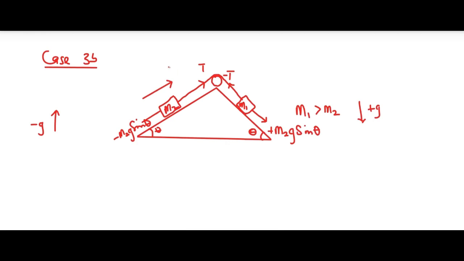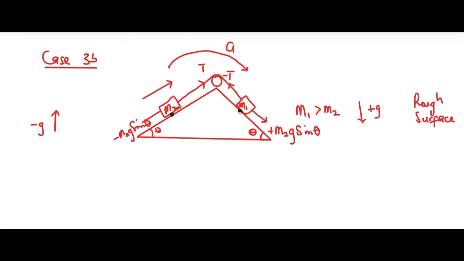So what happens to acceleration? The body accelerates this way. So I have acceleration here. But then since it is a rough surface, there is a coefficient of friction present between the triangular surface and the masses.